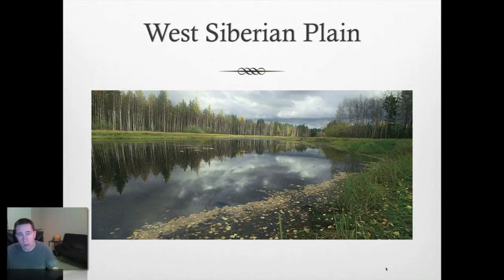But the land is not only flat, in some areas it actually dips, and this, by the way, causes a great deal of marshes and some swampland to occur. There are a lot of rivers and lakes and ponds in this area, and so this region is very wet, and it gets wet because of the harsh winters.